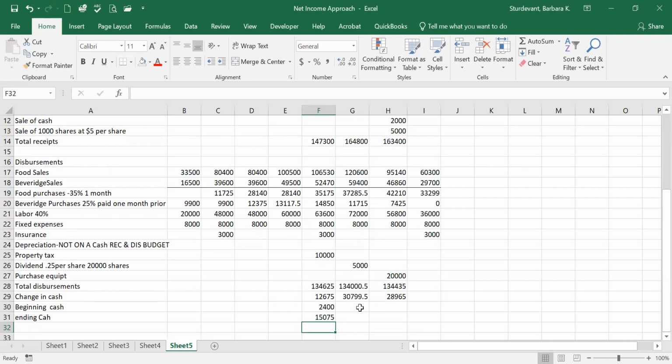That becomes your ending cash. What we end one month with, we start the next month with. And then just copy the formulas across. And there you be.